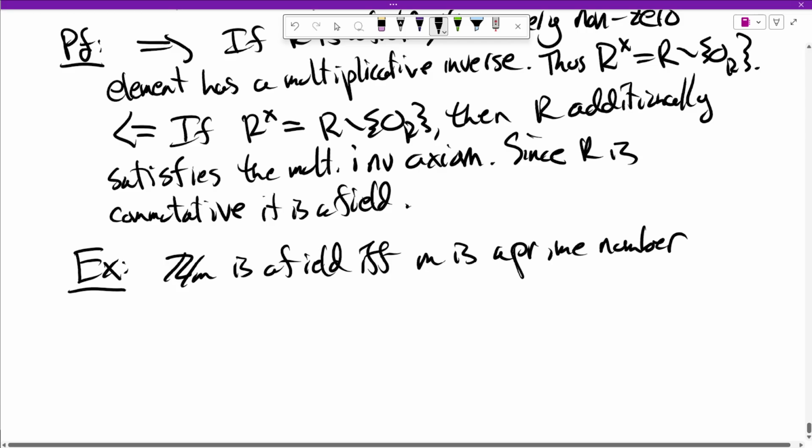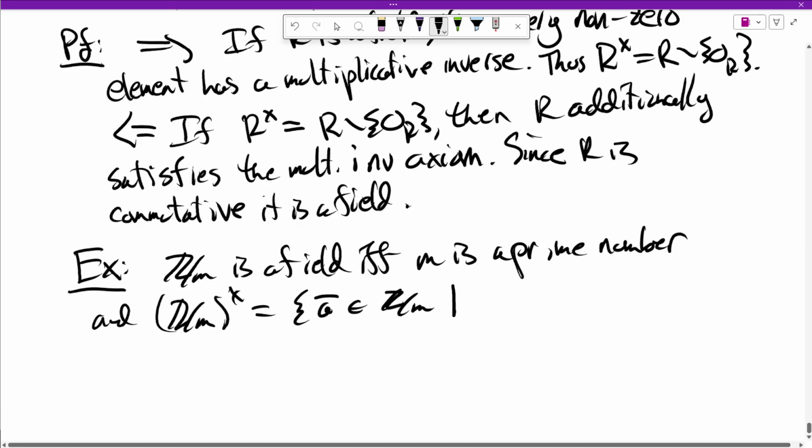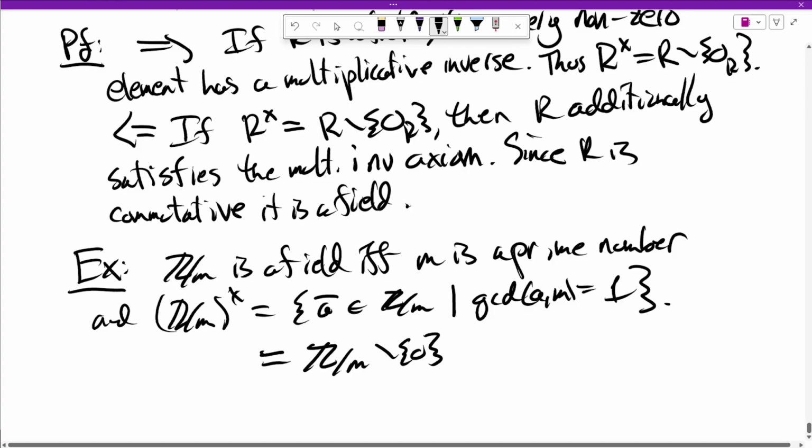And we also saw that Z mod M cross is a collection of all A bars in Z mod M, such that if you were to take a representative of that A bar and look at the GCD of A and M, you get 1. And you saw in a homework that this is equal to Z mod M minus 0, so all non-zero elements, if and only if M is prime.